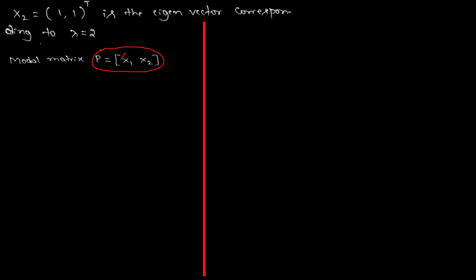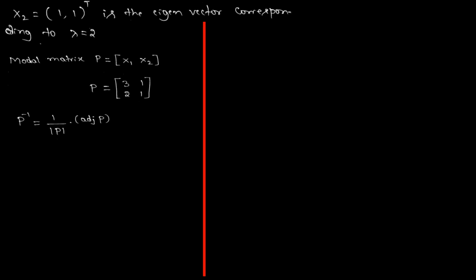Let us write x1 here and x2 here. Yes, we have taken the x1 vector here and the x2 vector here column-wise. So this is our modal matrix P.